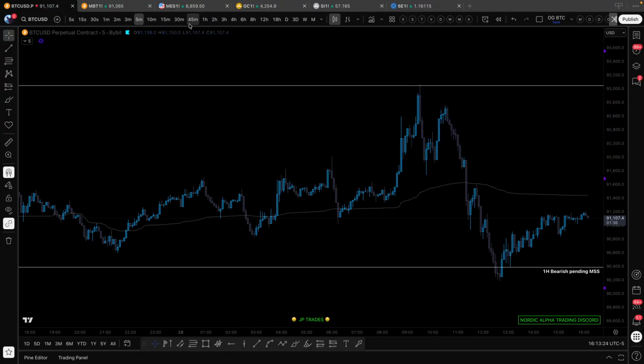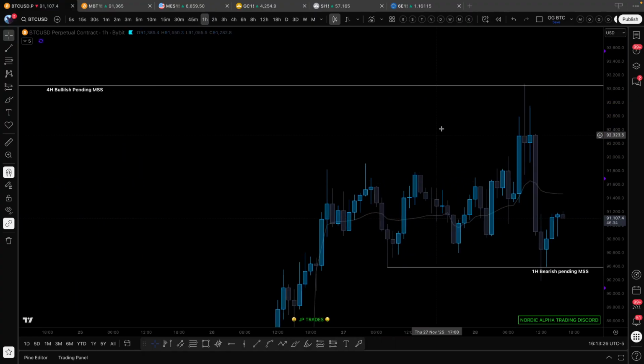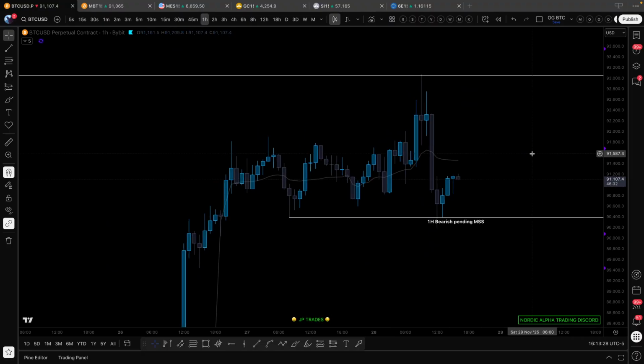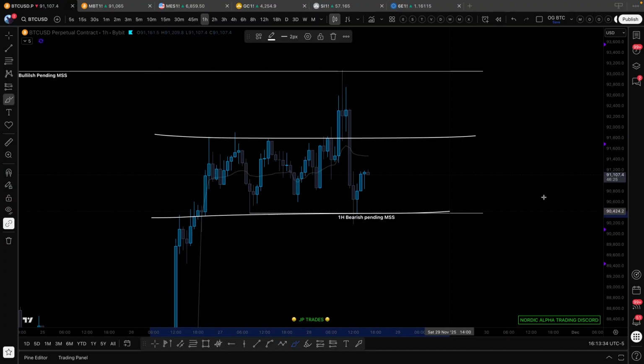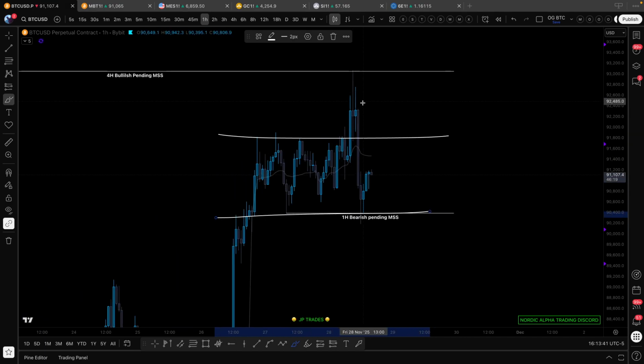Also in that video, I was trying to say, let's look at this piece of structure. We see a high and a low, resistance and support. What I wanted to see at that time was, if we are going to SFP this, more than likely I want to also see an SFP of these lows.